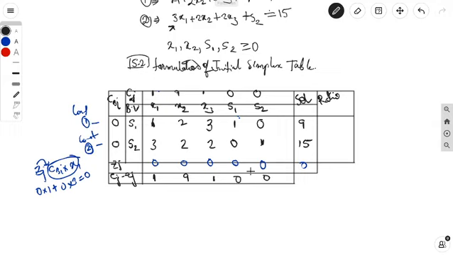Now look over here at the Cj minus Zj values. They are not all less than or equal to 0, so optimization is not reached. As you can see here, the values 1, 9, 1 are not less than or equal to 0. So optimization is not reached.